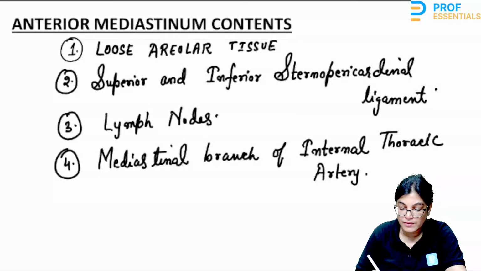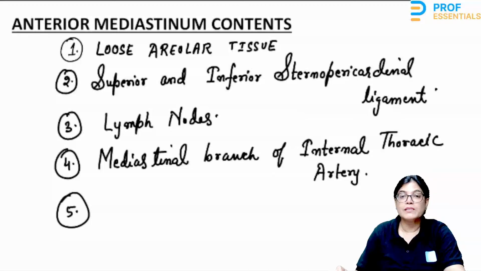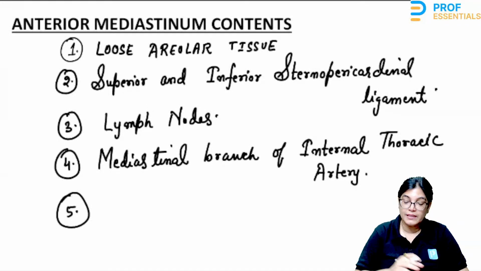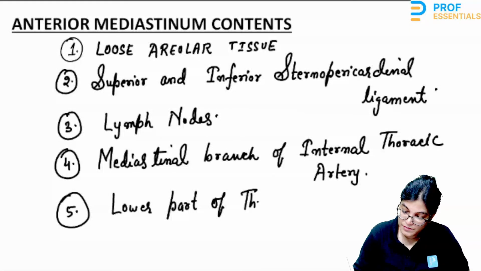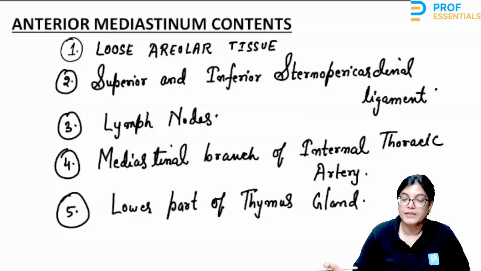We will also have the lower portion of the thymus gland. We know that the thymus gland is a content of the superior mediastinum, but the lower part of the thymus gland is again a content of the anterior mediastinum.